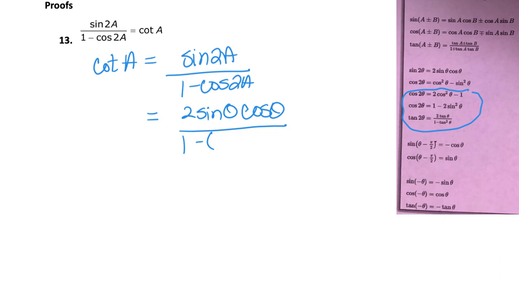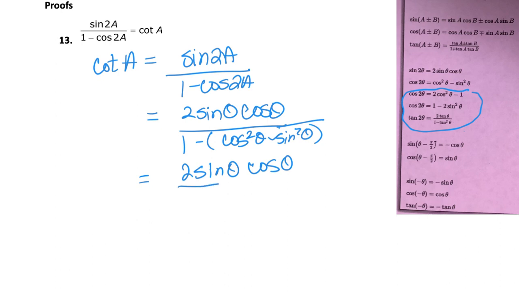I'm going to do the 1 minus cosine 2A. So 2A is cosine squared theta minus sine squared theta. Okay, so that's going to give me 2 sine theta cosine theta.